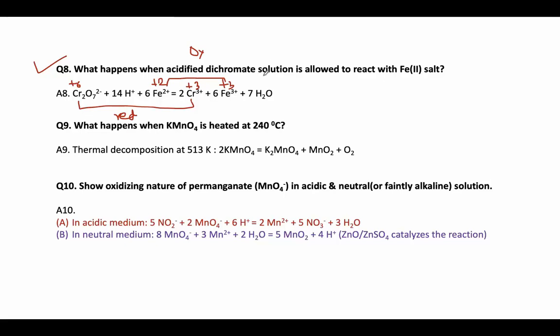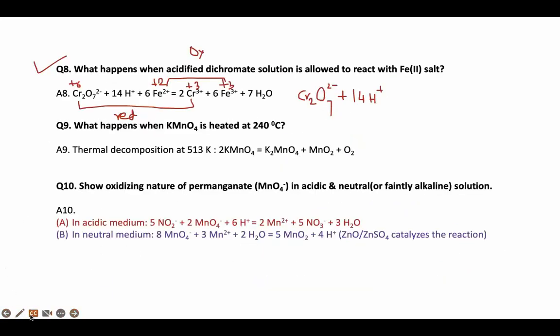This acidified dichromate has a very strong oxidizing action. If we draw the oxidizing action of dichromate, suppose it is dichromate here, Cr2O7 2-, reacting with 14 moles of H+. Firstly, we will not balance this equation.